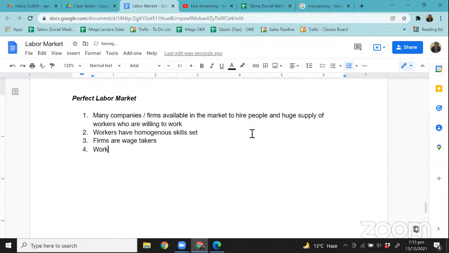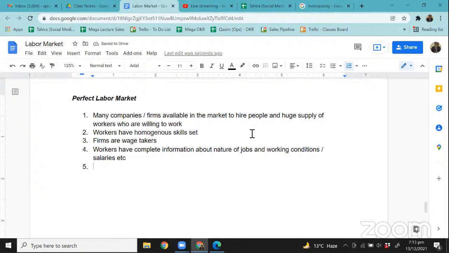And then another very important characteristic: workers have complete information about jobs and conditions, salaries. Another thing, workers have complete information.